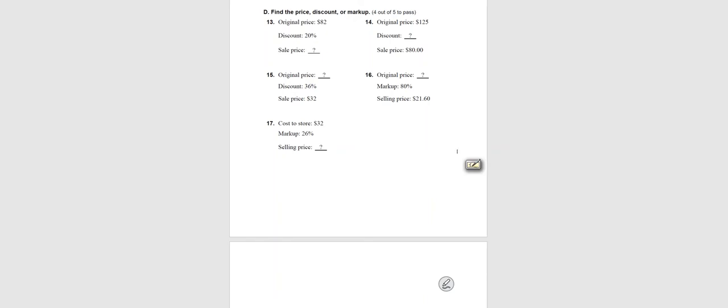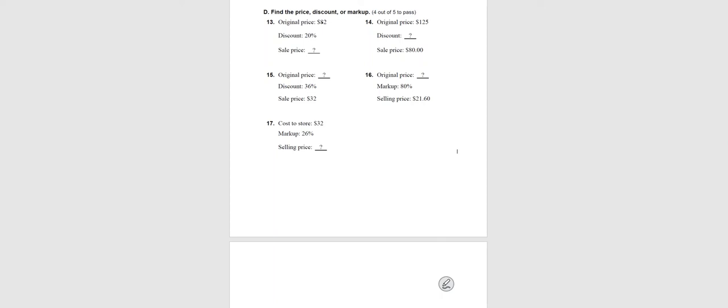In order to find the price, discount, or markup, this is similar to finding the new amount. So you always find the percentage of your original price, and then you're either going to subtract that from your original price or add it to your original price. If it's a discount, you subtract. If it's a markup, you add.